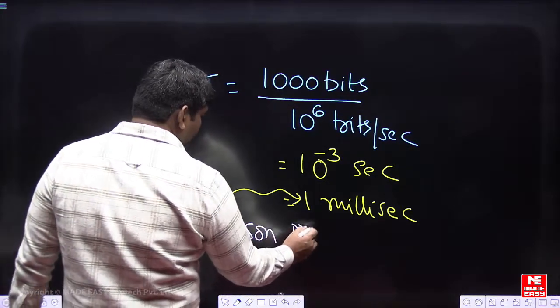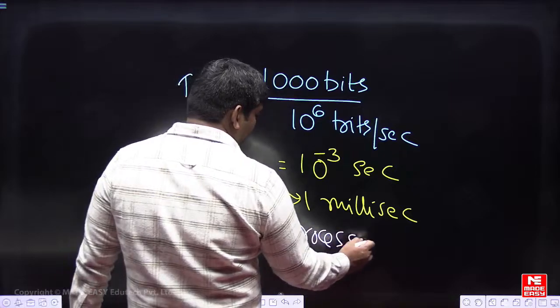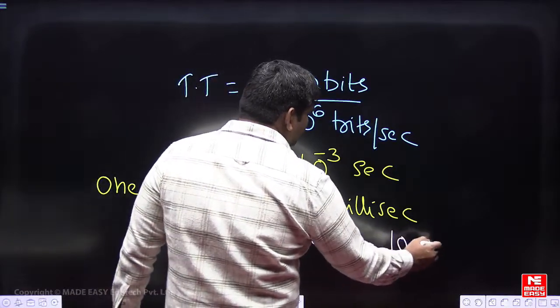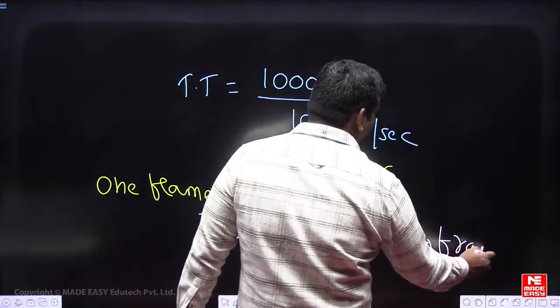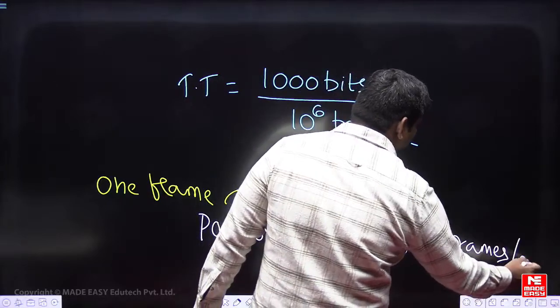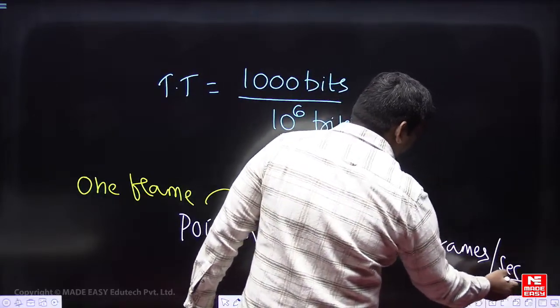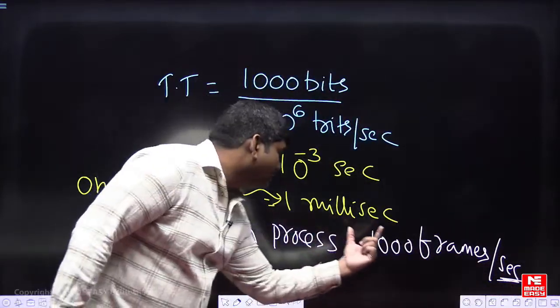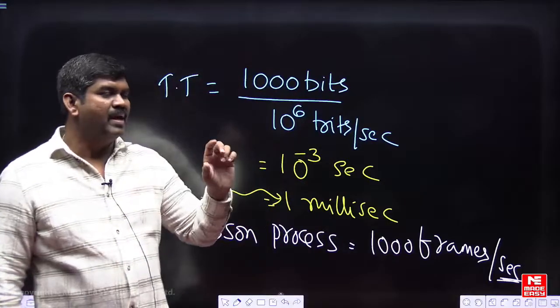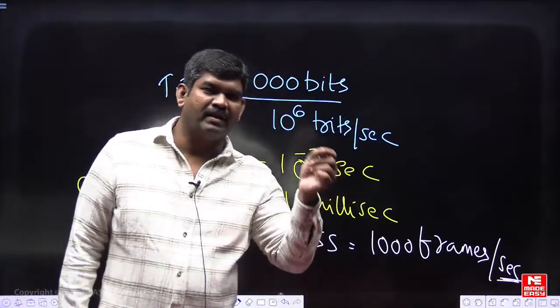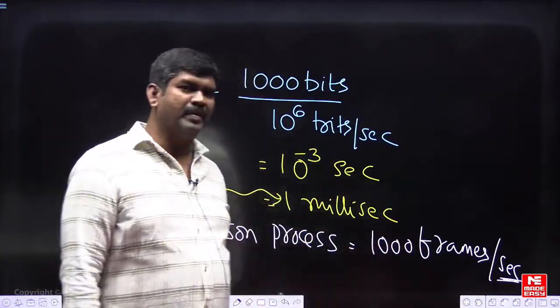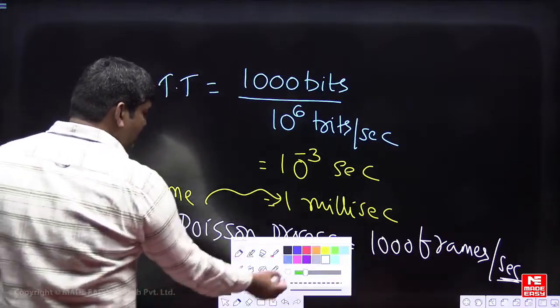The Poisson process is telling that a total of 1000 frames can be transmitted in a particular second. See this word, in a second. And whatever the 1000 frames you have transmitted, the frames suffering from collisions are also involved. Now you see the main logic.